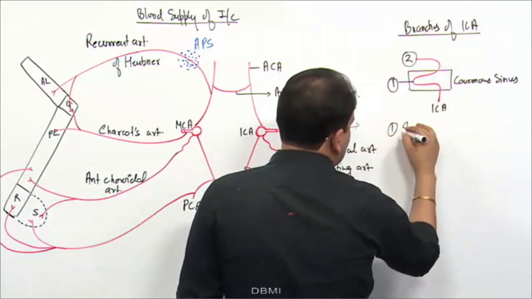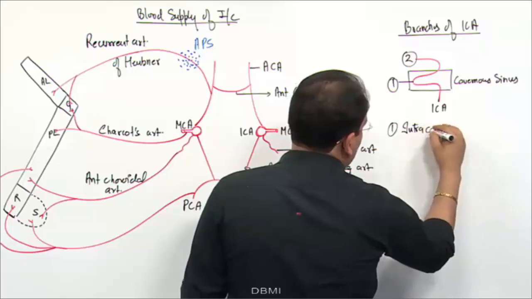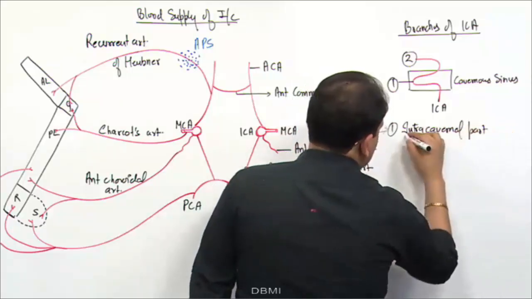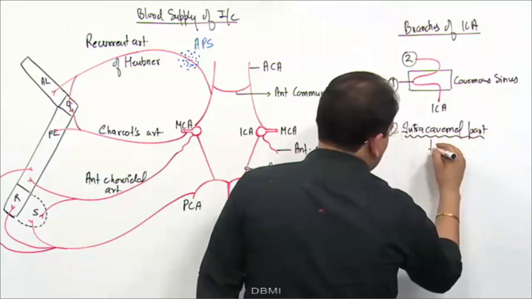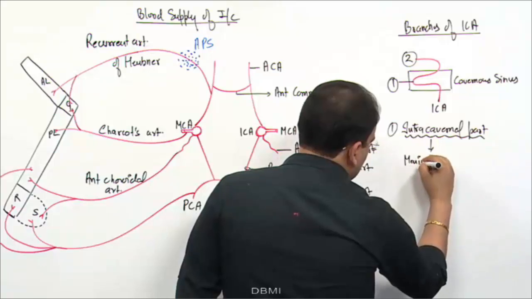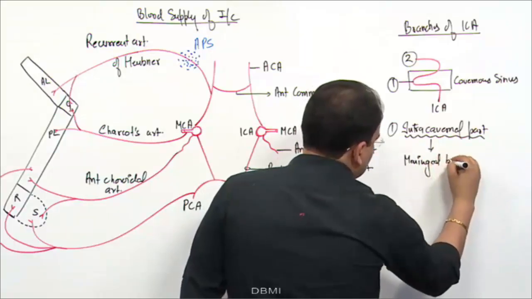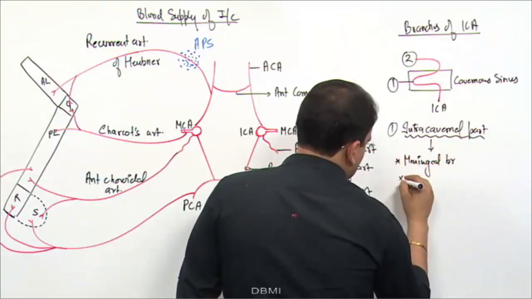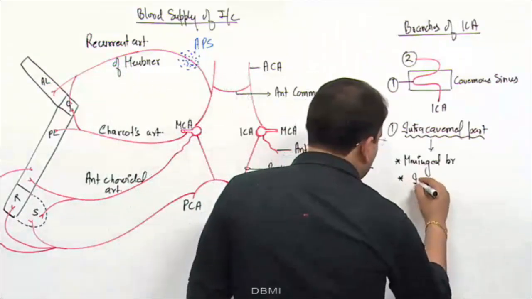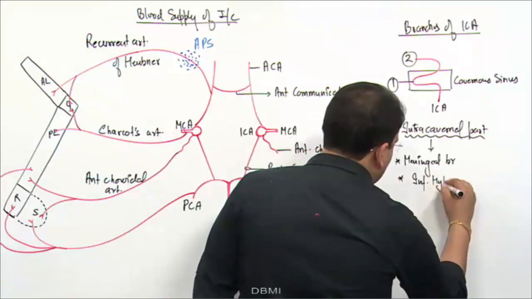One is the intracavernal part of the internal carotid artery, which gives off meningeal branches to the walls of the cavernous sinus. Plus, it also gives off the inferior hypophyseal artery to the pituitary gland.